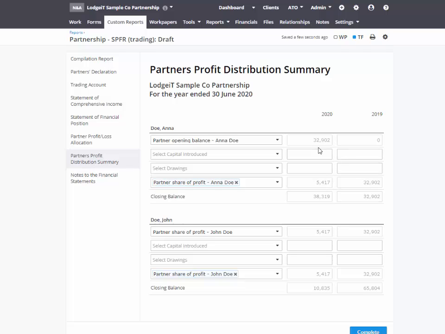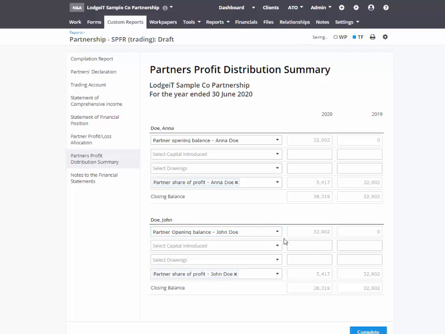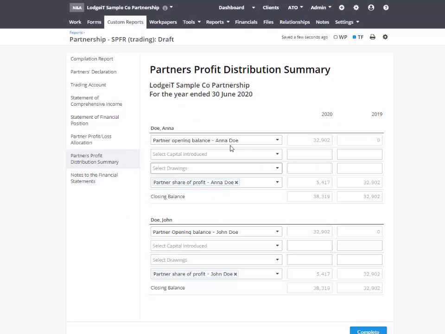So 32 walking its way forward. And you can see how I've made a mistake, right? So you've got to be careful because it's easy to make a mistake. There should have been opening balance for John. See how that works its way forward. Okay, so it's essentially the methodology that you would use when you've got multiple rows for your partners.